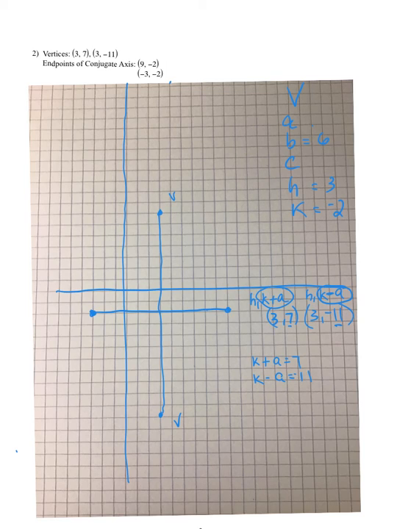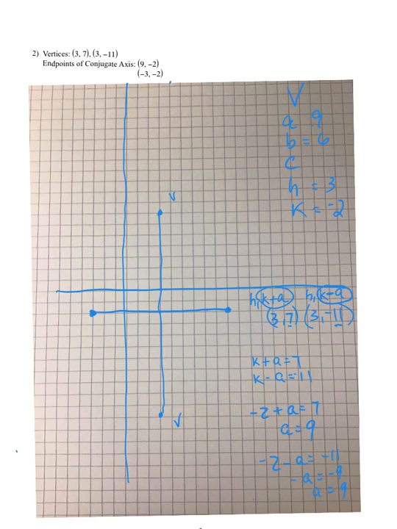We know k is negative 2, so negative 2 plus a equals 7, so a equals 9. And if we plug it into the other one, negative 2 minus a equals negative 11, negative a equals negative 9, so a equals 9. Either way, a is 9.